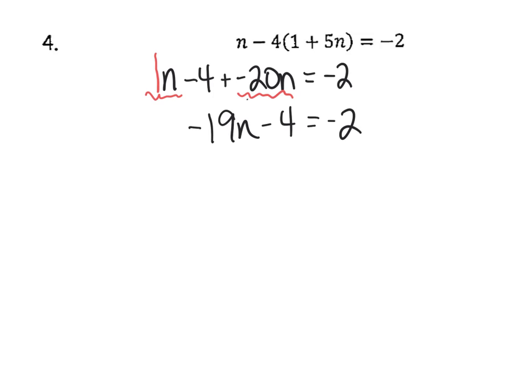And then this is solved just like our two-step equations that we were doing last week. The 4 and the 2 go together by add 4, both sides. And our number's not going to come out nice and pretty, but that's okay.